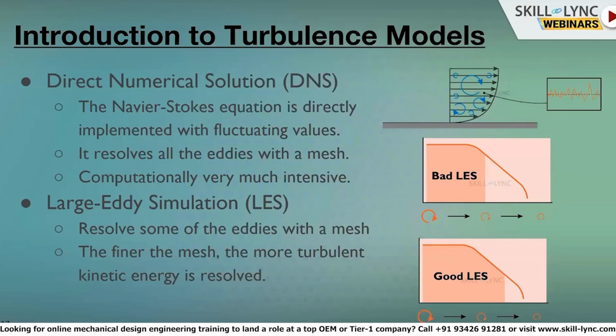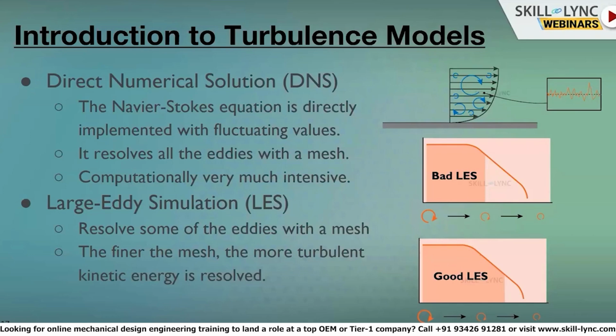Accordingly, one has to decide the cutoff size of the eddies they need to resolve. There are some other mathematical models for specifying the cutoff size for large eddy simulations, but that is beyond the scope of this. So this is the overall brief about turbulence modeling.